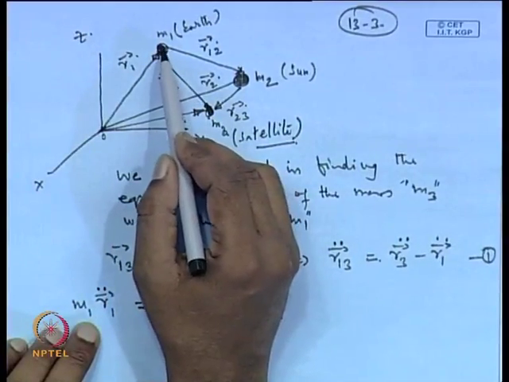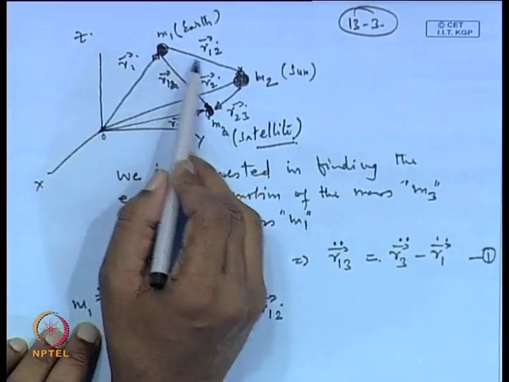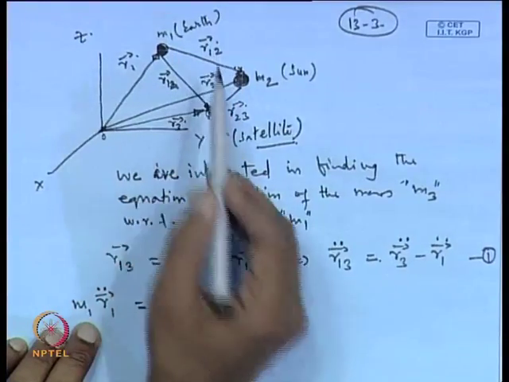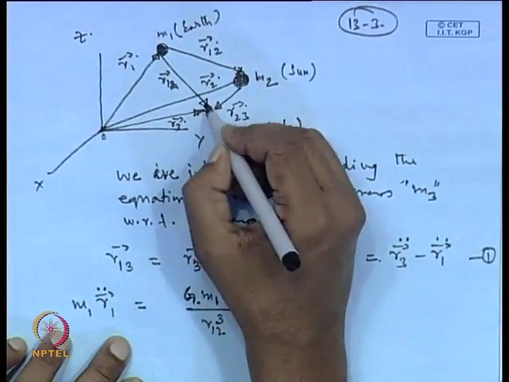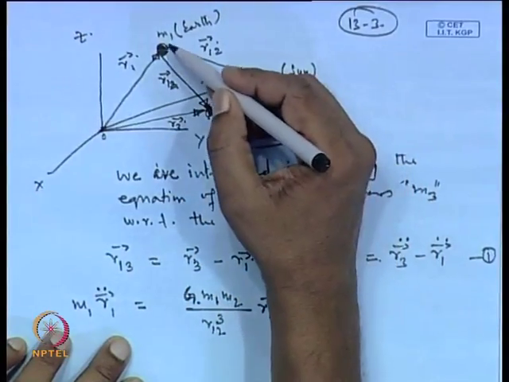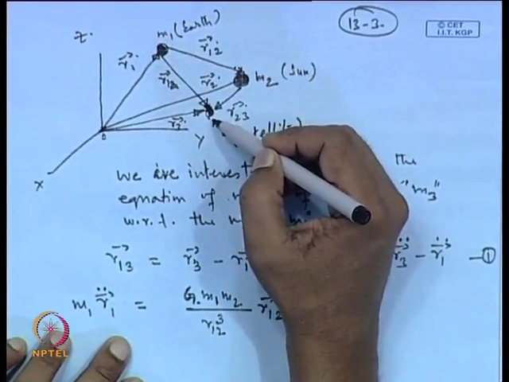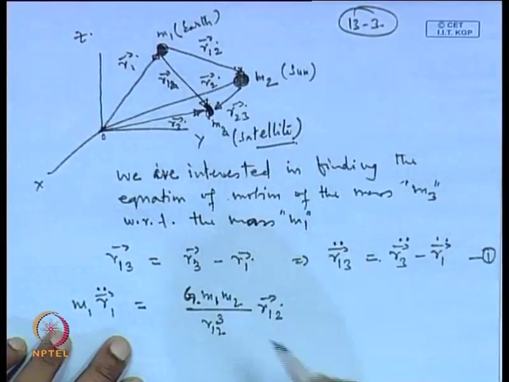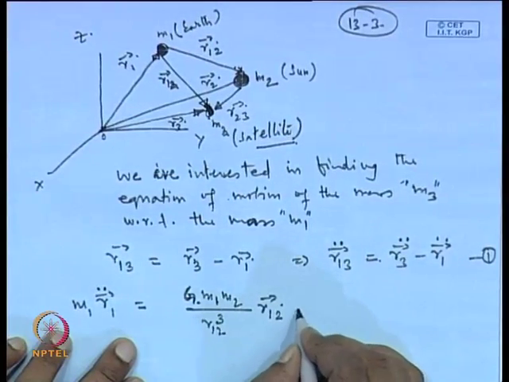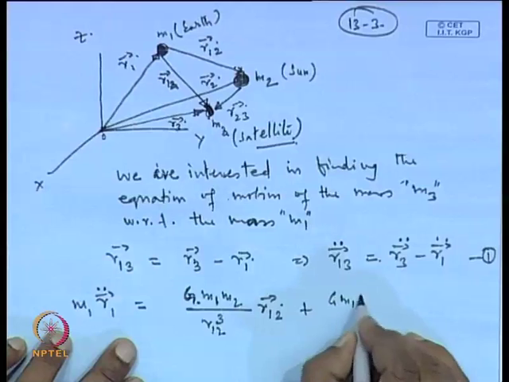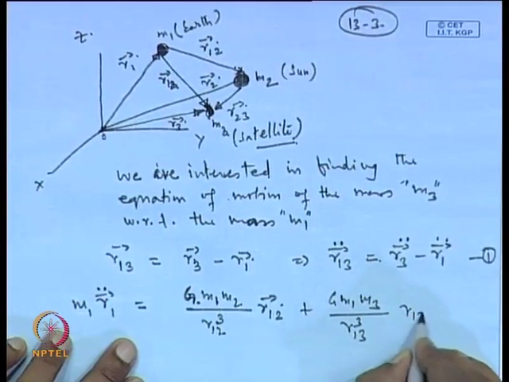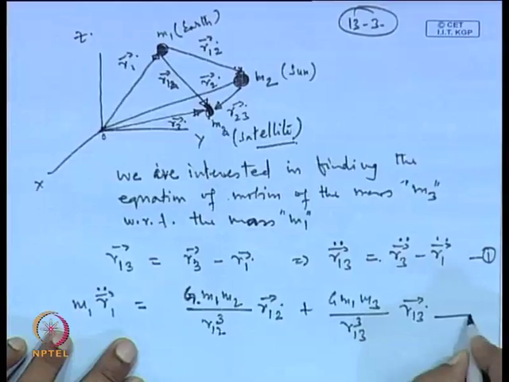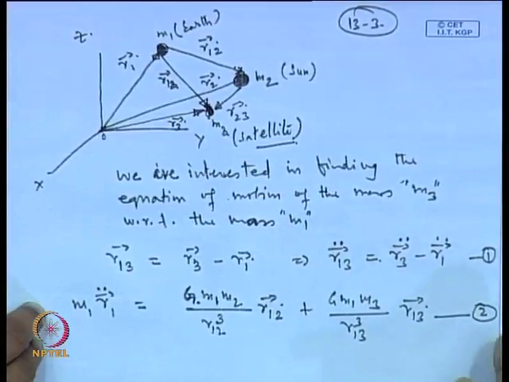We are considering the acceleration of this mass, so the force is directed towards the vector r_12. Therefore, this positive sign comes in. The other force acting on mass m_1 is due to m_3, which is given by G m_1 m_3 divided by r_13 cubed, times r_13. So, this is our equation number 2.